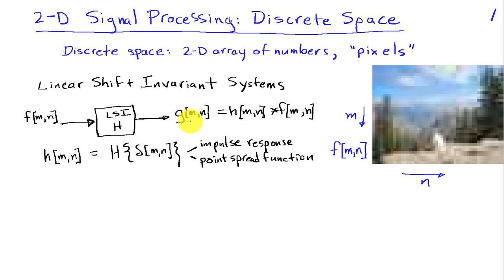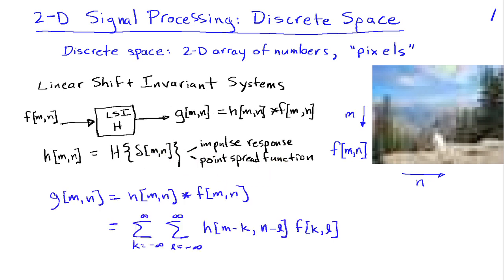I can write the output as a convolution of the impulse response of the image with the input f of m, n. Here we've defined h, the impulse response, as the output of the system when you put an impulse in. This is also the point spread function because it declares how a point for an input spreads throughout space.